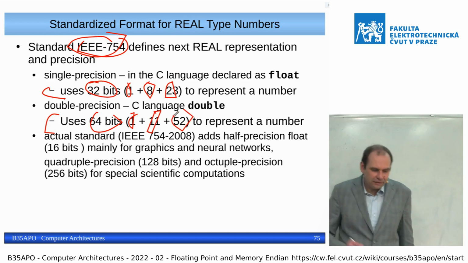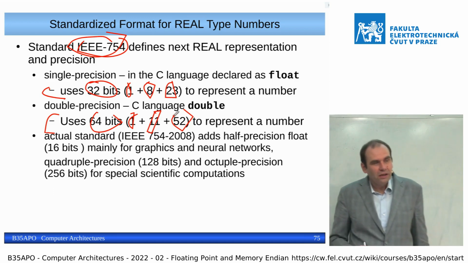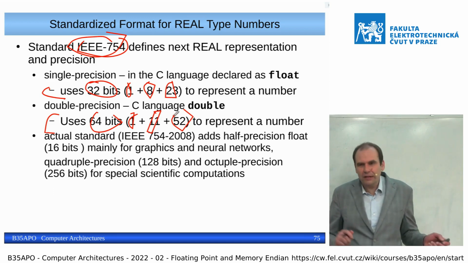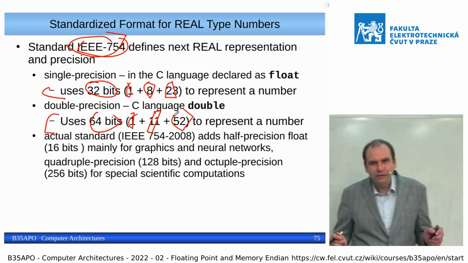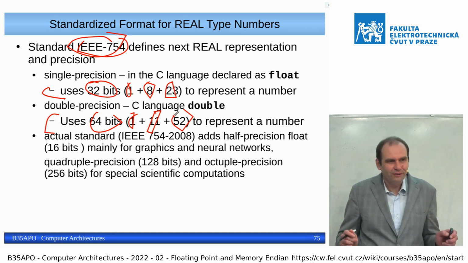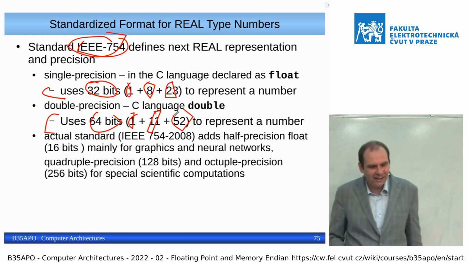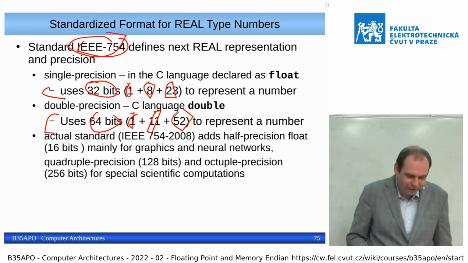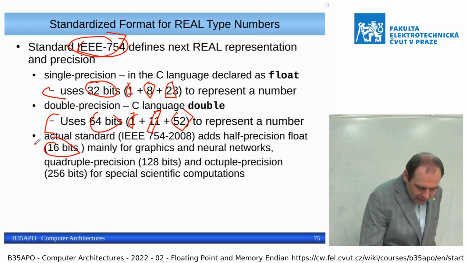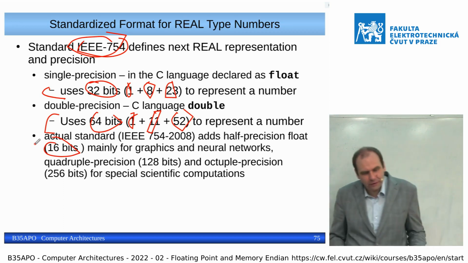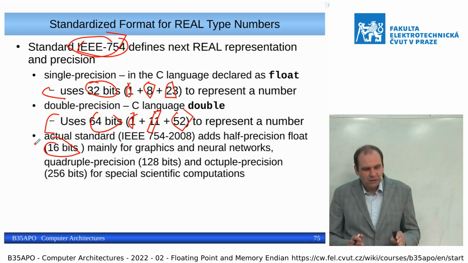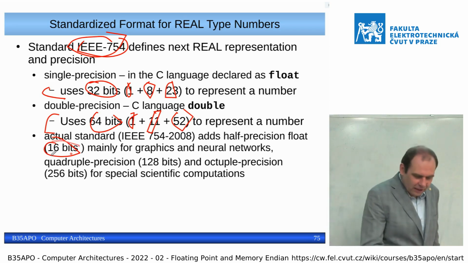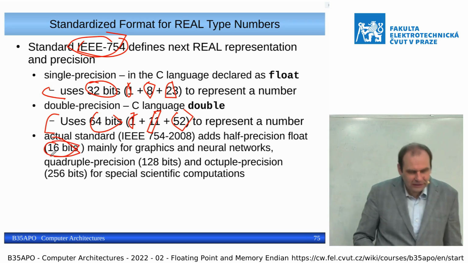For neural networks, who is a fan of neural networks and artificial intelligence? Nobody? Okay, so I have something surprising for them, because for neural networks quite often it is enough to count with smaller relative precision, so they are quite often computed today only in 16 bits.